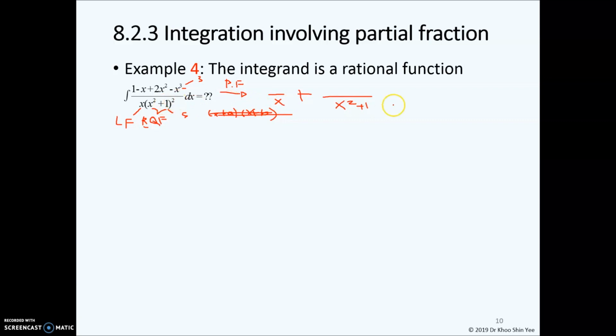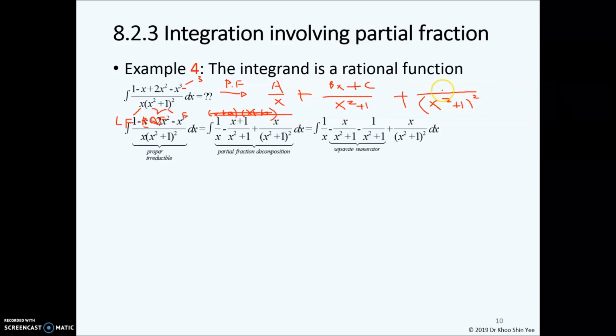Since this is power of 2, you have to repeat twice x squared plus 1, and don't forget the power of 2. For linear x, you have a constant a. For quadratic, you have a linear factor, let's say bx plus c. This one is the same, so we have dx plus e. So you have to find the unknowns a to e here.